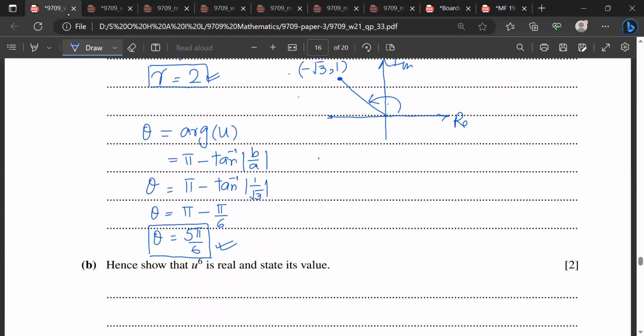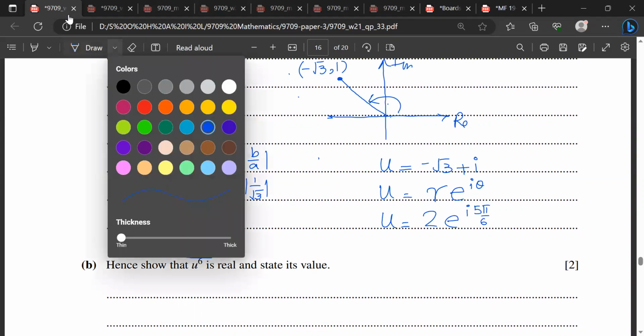So after finding the value of r and theta, u, which was minus root 3 plus iota, can be written in the form r e power iota theta, as any complex number can be written. u is equal to 2 e power iota 5 pi over 6.